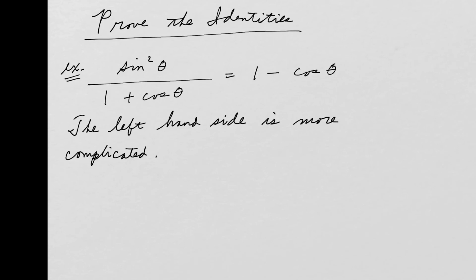I mean, it looks more complicated. Sometimes it's not obvious, but it looks more complicated than the right-hand side. So let's try to make it look like the right-hand side. And if we can get the left-hand side to look like the right-hand side, then we know that it's true. If they both look exactly the same, then we've proved the identity. So let's try to make it look like the right-hand side.